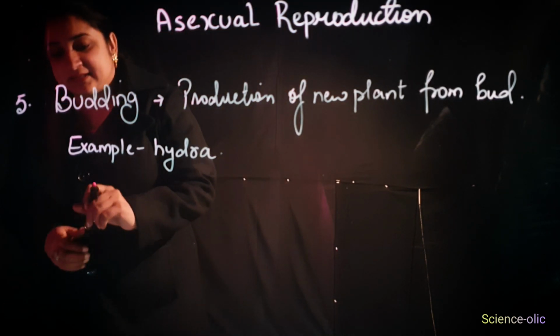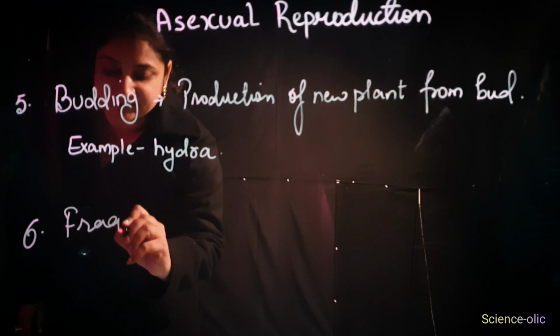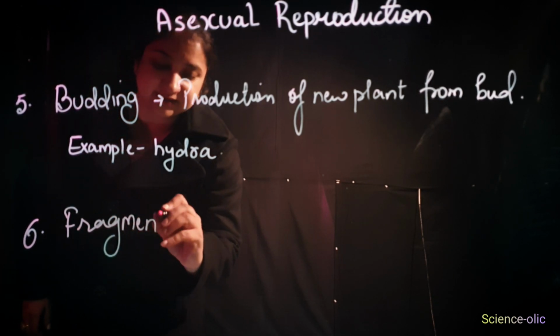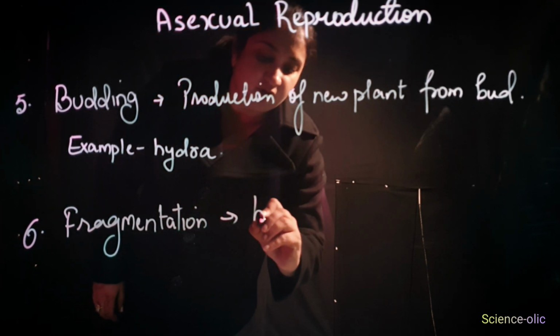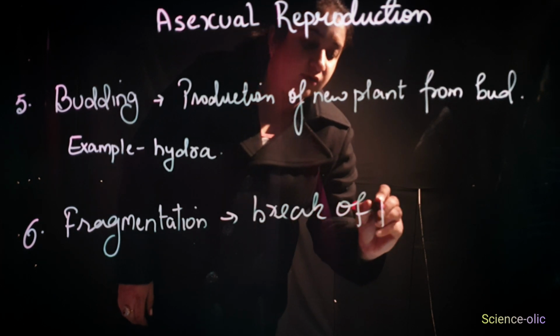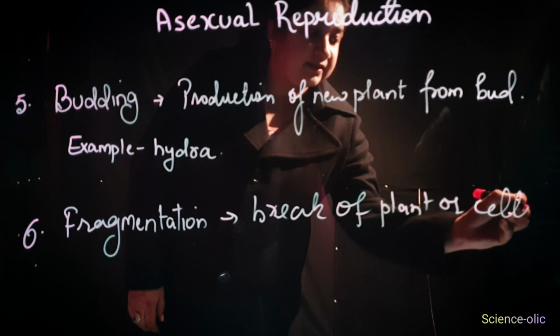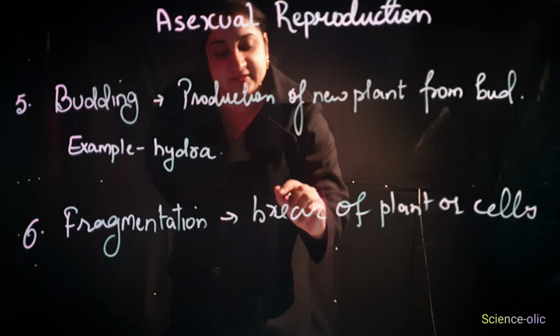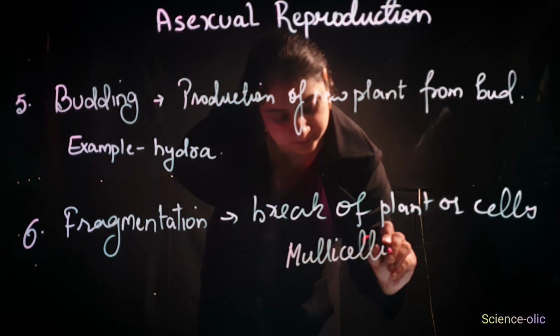And the next is fragmentation. As from the name you can suggest, fragmentation is breaking of a plant or some organism or cells. It mostly occurs in multicellular organisms.